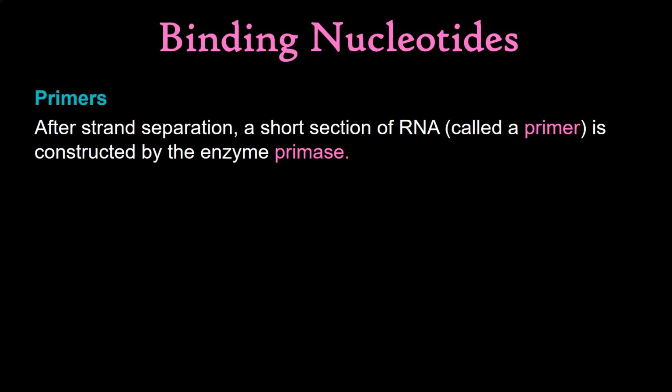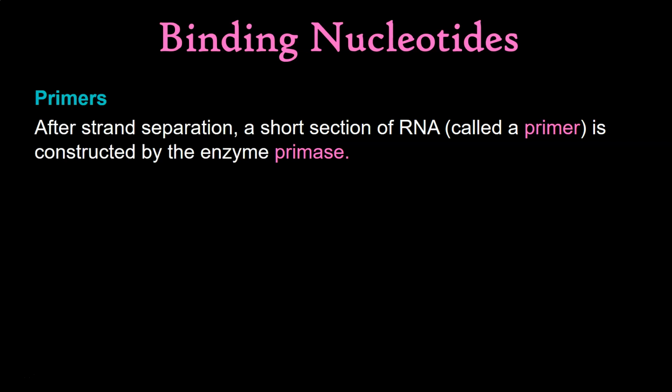Well, we've had strand separation, and the next thing that's going to happen is that a short section of RNA, remember that's another molecule very similar to DNA, and again we'll talk about its structure in another lesson, a short section of RNA called a primer is constructed by an enzyme, primase.